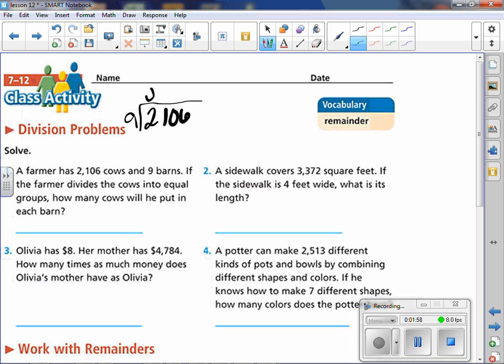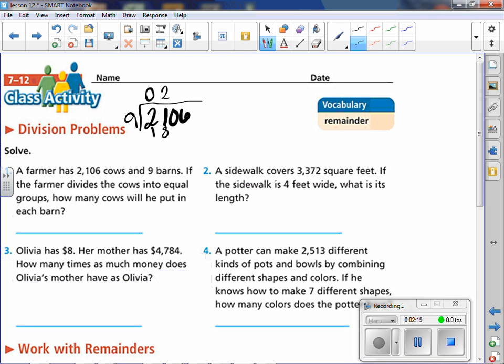No. If you need to put that placeholder 0 up, please do so. Will 9 go into 21? Absolutely, 9 will go into 21, okay? So when we look at 9 going into 21, or what times 9 gets me close to 21, it's 2, because 9 times 2 is 18.